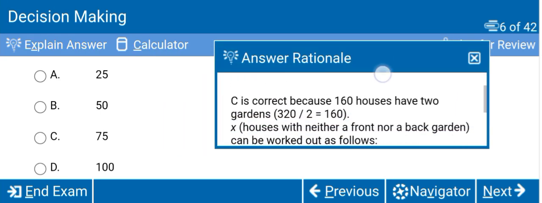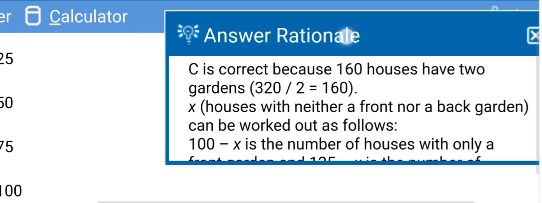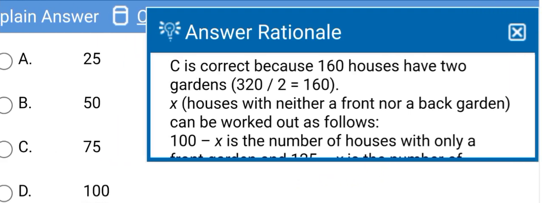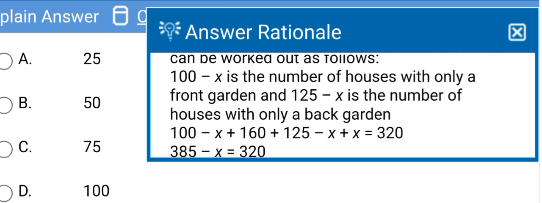And the correct option is option C. C is correct because 160 houses have 2 gardens. That is 320 divided by 2. And X, houses with neither a front nor a back garden, can be worked out as follows. 100 minus X is the number of houses with only a front garden, and 125 minus X is the number of houses with only a back garden.